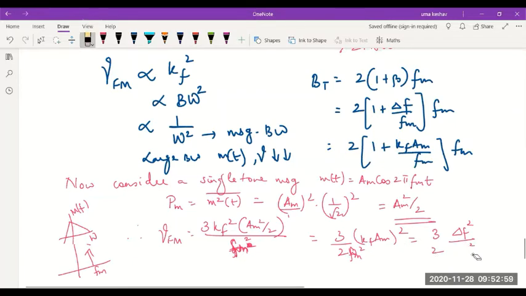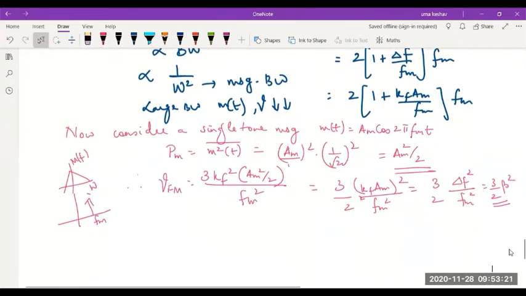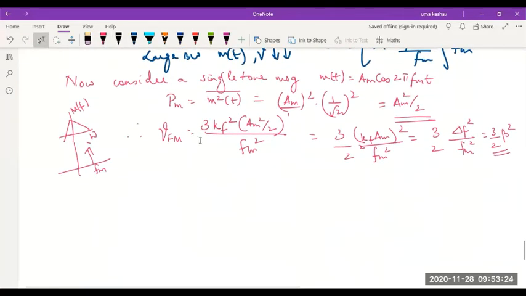So what will this become? What does this reduce to? 3 by 2 beta square. So this is nothing but 3 by 2 beta square. For a single tone message, the figure of merit of FM receiver will be 3 by 2 times beta square.